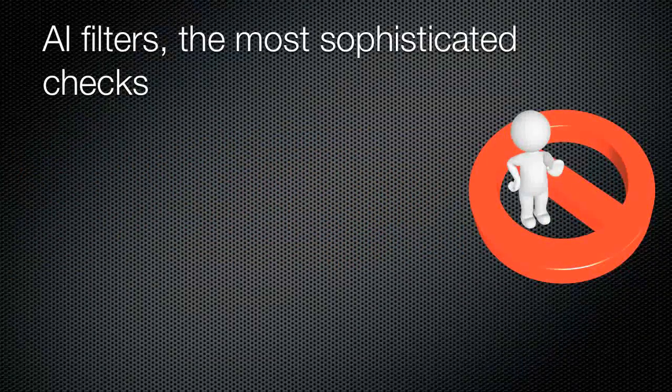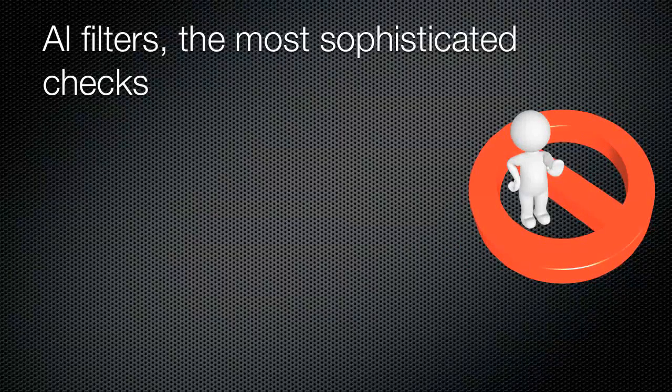And now we come to AI filters, the most sophisticated checks. Since we already filtered out most of the dumb spam, like I used to call it stupid spam, because any person who actually hopes to deliver something this way is pretty stupid, because he knows already that 99.9999% is going to be rejected.